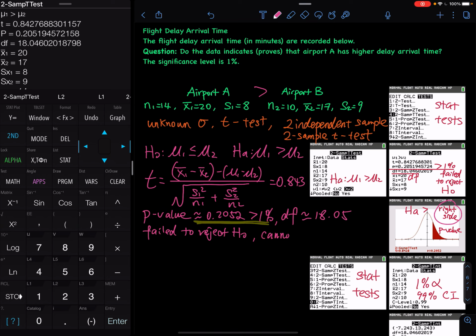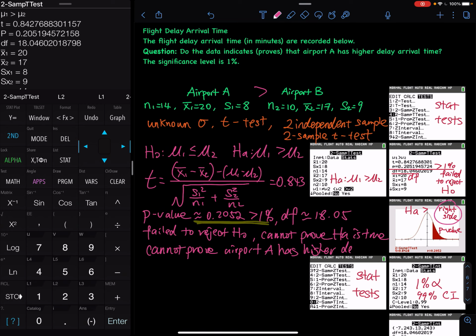So we cannot prove airport A has higher delay arrival time.